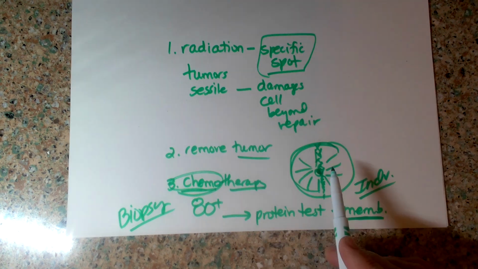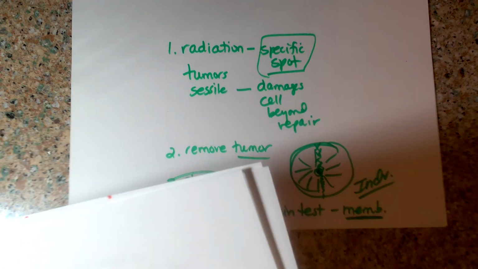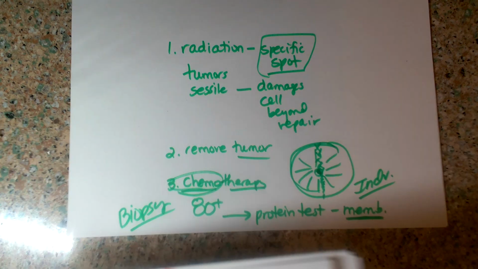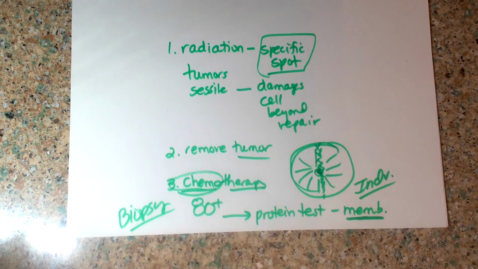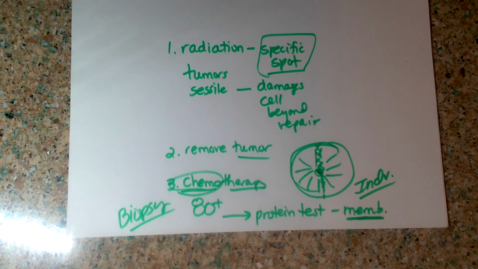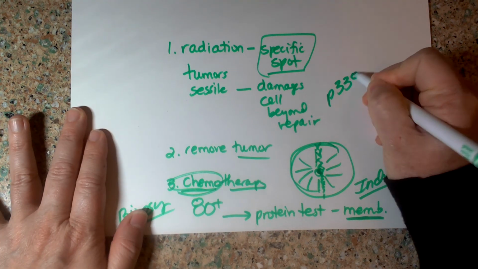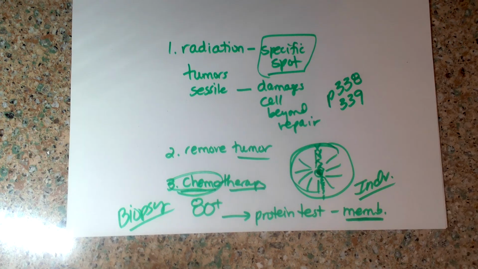Now, I'm going to tell you on page 338 and 339 of your book, it shows you different breast cancer treatments based on the different breast cancer cells that they have recognized. And breast cancer is the leading cause of cancer in females in the United States.